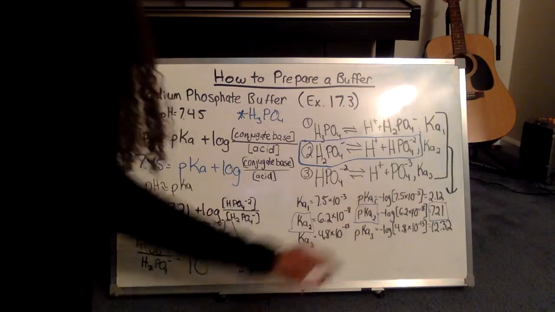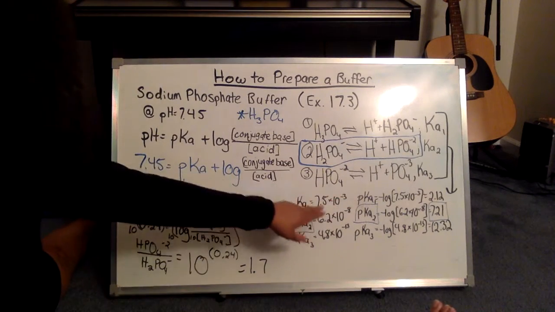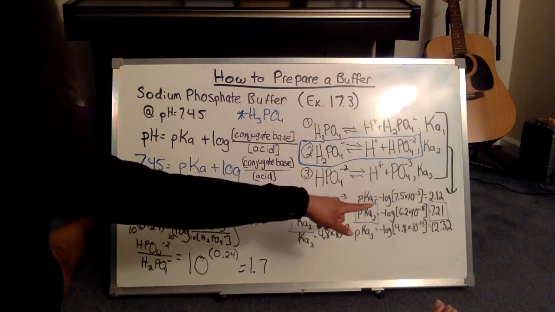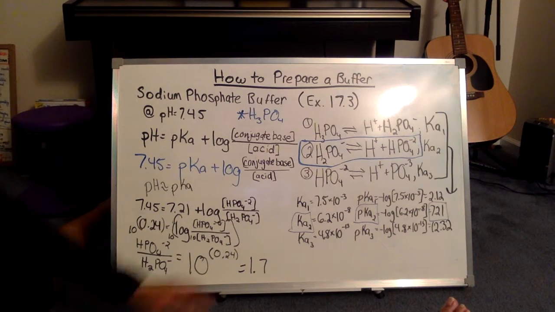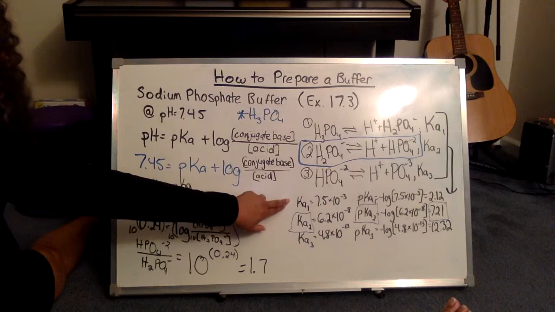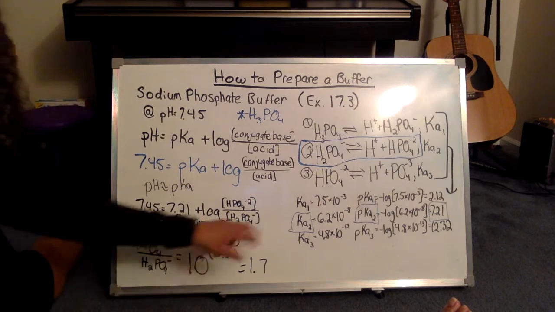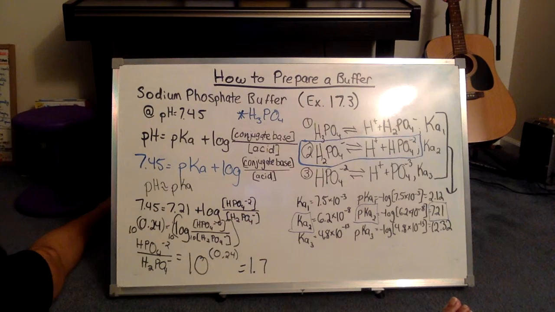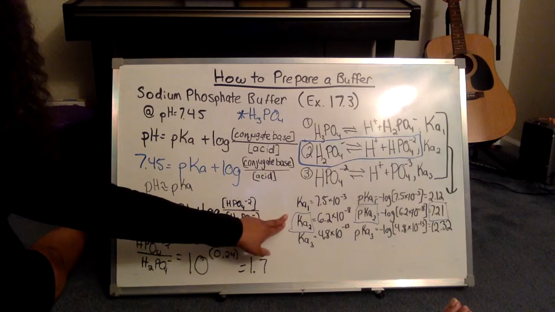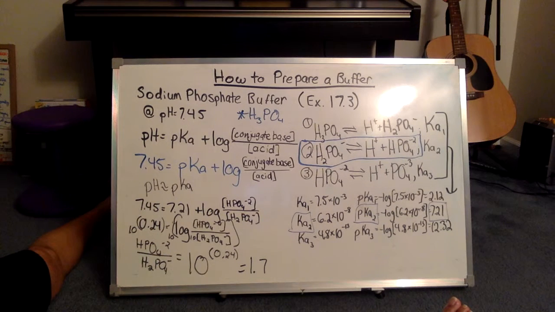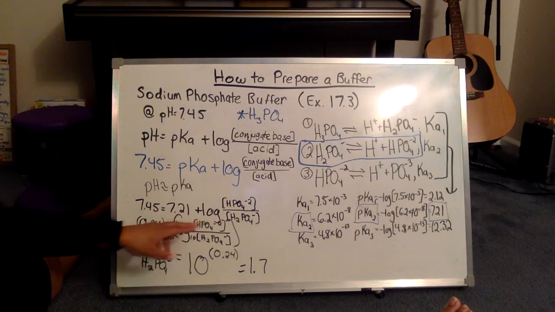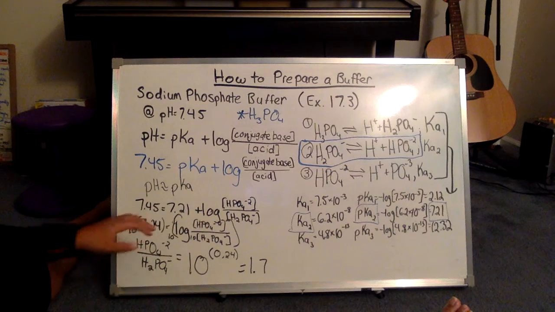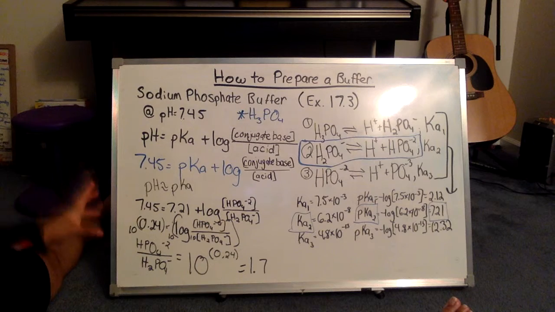Then we took the P operator, which was the negative log of this value, to give a pKa of 2.12 for equation 1, 7.21 for equation 2, and 12.32 for equation 3. We chose the pKa 2 to represent the conjugate base and the acid that we're going to use to make our buffer.